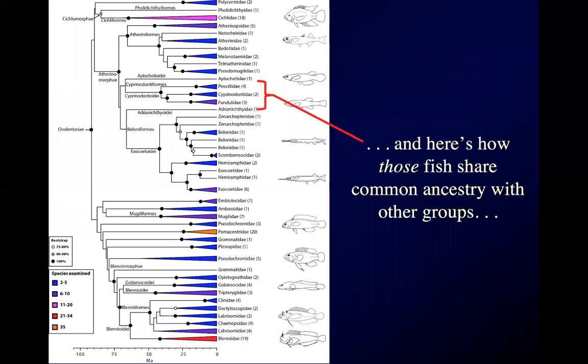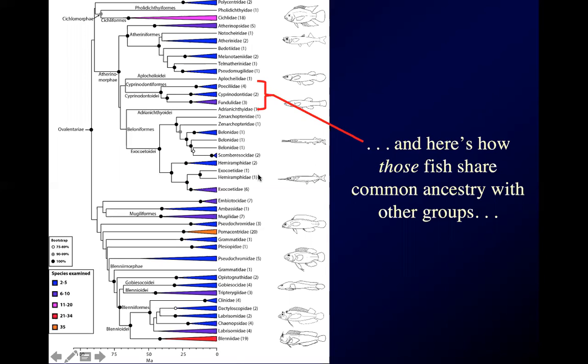And there's those four, and those fish share common ancestry with other groups. So the Aplochilidae, Poecilidae, Cyprinodontidae, and Fundulidae share a common ancestor with the Adrianichthyidae, Atherinidae, Belonidae, Scomberesocidae, Hemiramphidae, Exocoetidae, and others. And those share a common ancestor with the Bedotiidae, Melanotaeniidae, Telmatherinidae, and Pseudomugilidae.